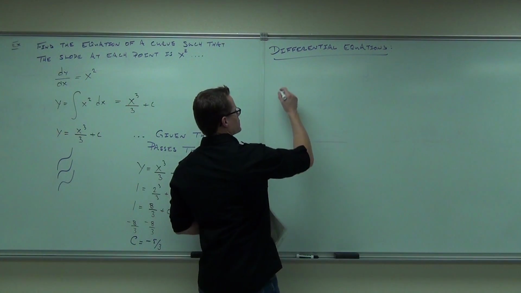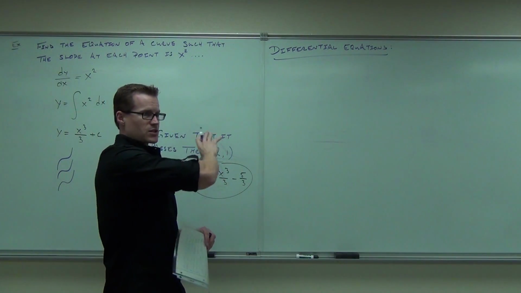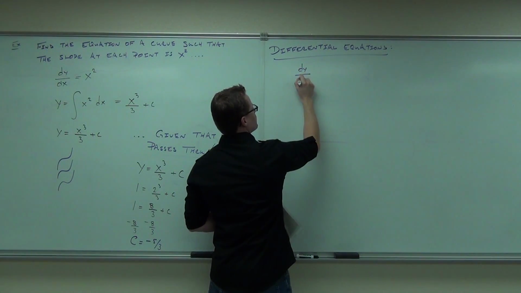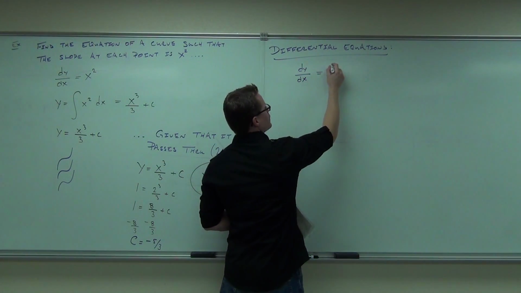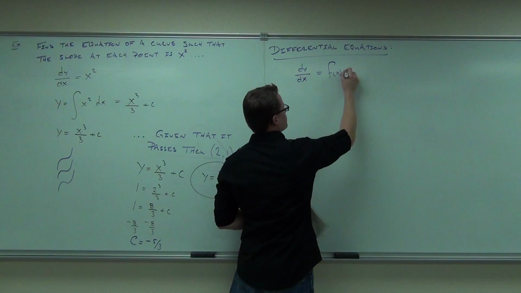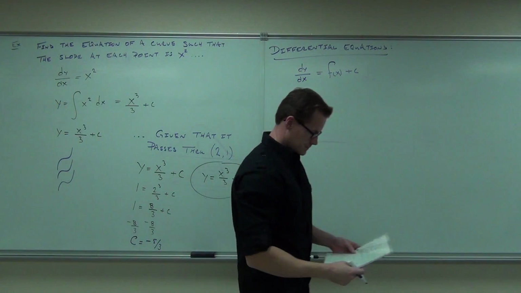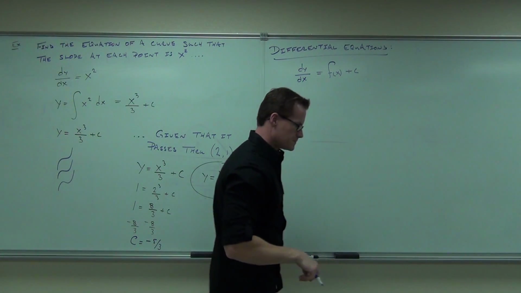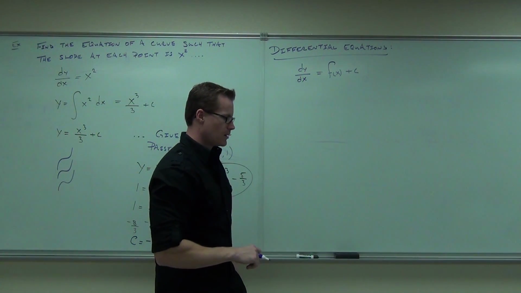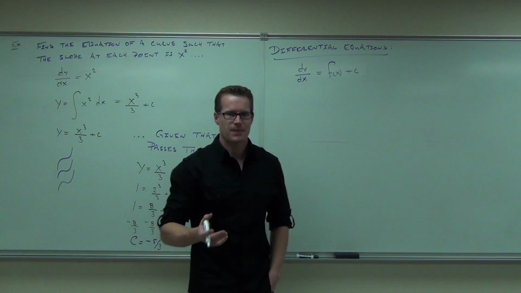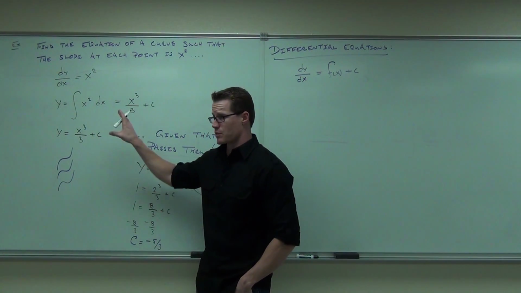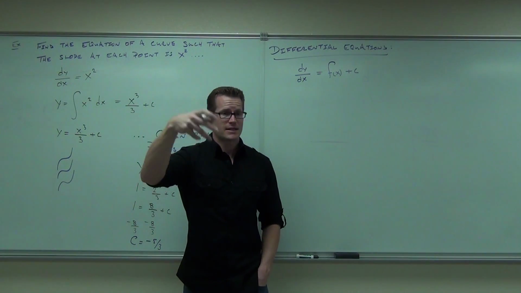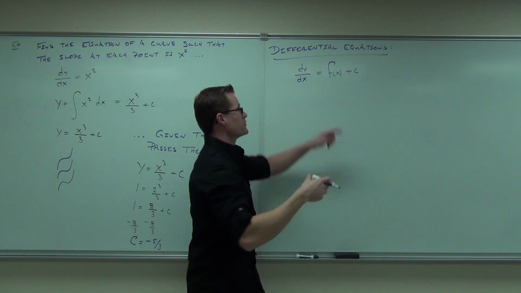Let's pretend for a second, and this was basically it. I'm just kind of going to illustrate a little bit more. Let's pretend that I have a derivative that I know, like that. The idea is this. It's basically the same thing we were doing here. Can you find a function, an antiderivative, so that the derivative gives you this?